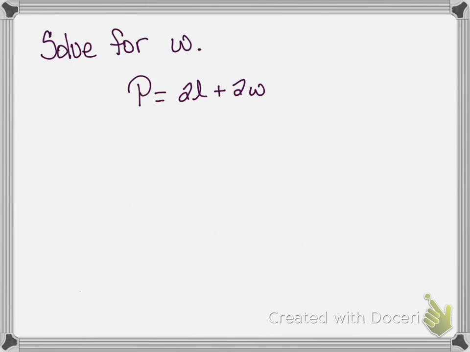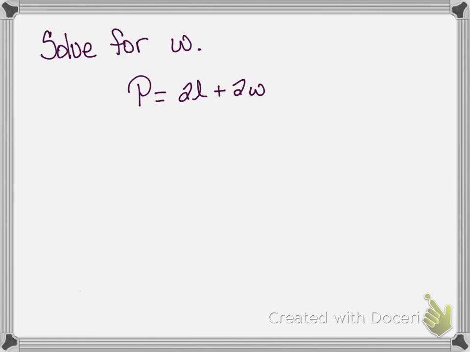So in this one right here, I've got P equals 2L plus 2W. Does anyone recognize that formula? What is it? It's the perimeter of a rectangle. Okay? That's not something that you need to know or have memorized. It's just what it is. We will use this formula later.